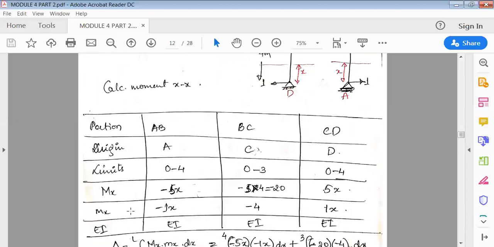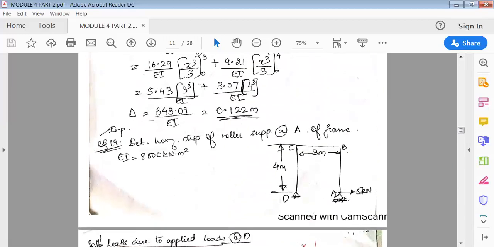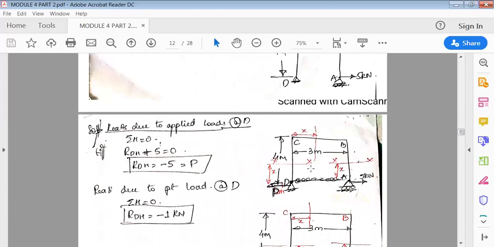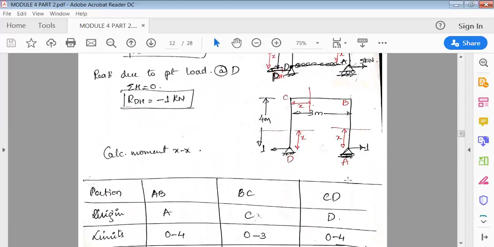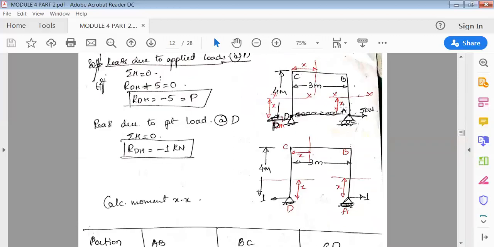Then first, Mx is the moment due to the external load. We'll cut the section; we've shown here that we cut the section. In this portion, 5 kilonewton is going anti-clockwise, and anti-clockwise is negative, so it is minus 5 into x.